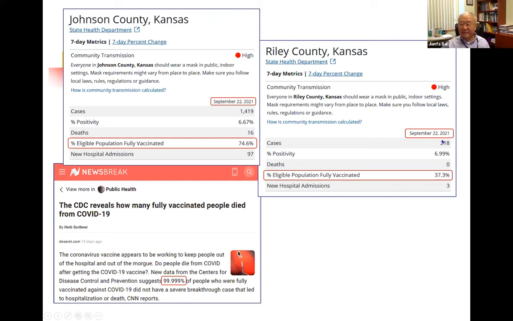We only got 37.3% of people fully vaccinated. So that's a little bit bizarre. In most college towns, you have a higher rate of vaccination, but this is not the case. Actually, it's close to the bottom percentage of vaccination in Kansas.